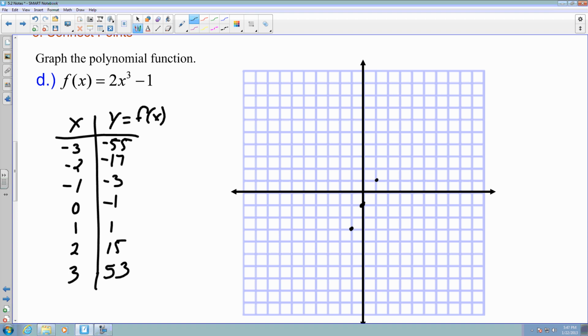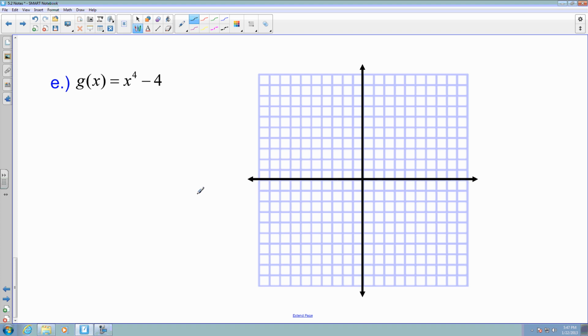That shows that as my x is getting smaller, so is my y or f of x. And concluding that as my x is getting larger towards positive infinity, so is my y. And so if I were to sketch this, it would look something like this. It doesn't have to be exact, it's just a sketch.